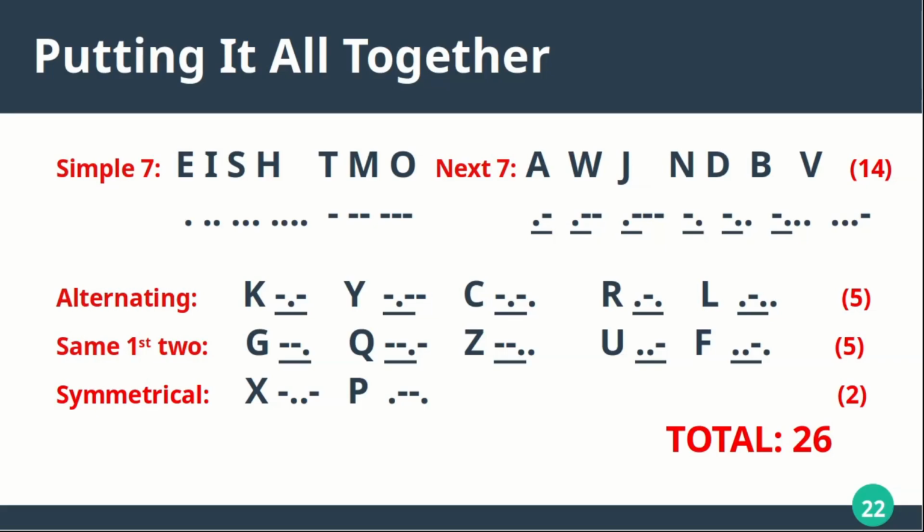Then the next group of 5, we always had the first 3 alternating, and then the final one in that group, that's K, Y, C, R and L. And the last one, which you would expect to be the reverse of C, doesn't exist. Remember, that was the first one that we noted didn't exist.